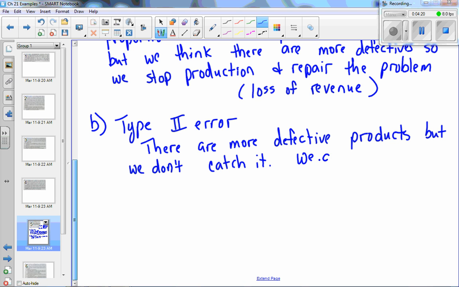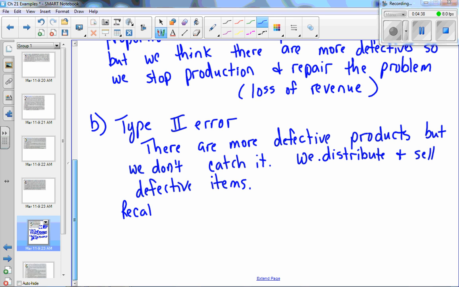So we distribute and sell defective items. So what are some results of that?